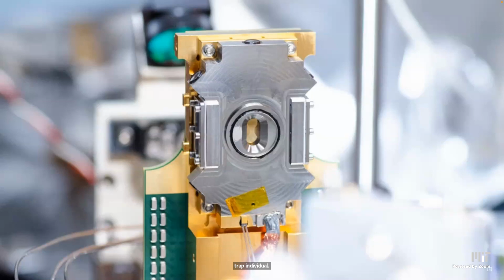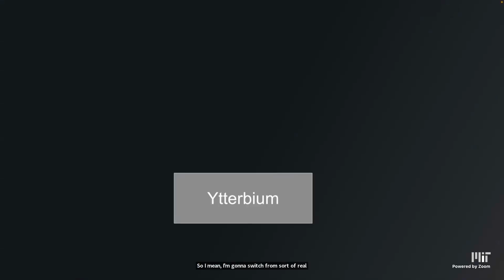And so we need a very, very high vacuum because otherwise, how can we tell our own atoms from other things bouncing around? So we really want to have nothing in the vacuum, ideally, except for the ions that become our quantum computer. So I'm now going to switch from sort of real photographs to beautiful illustrations by me.